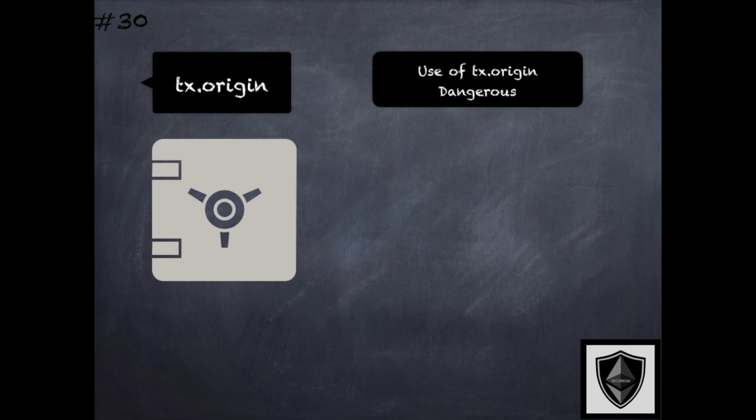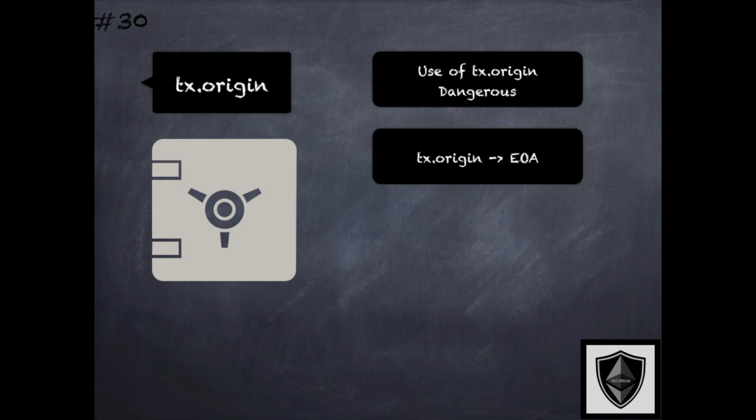The use of transaction origin is considered dangerous in certain situations within smart contracts. Recall that in the context of Ethereum, transaction origin gives the address of the externally owned account that originated the transaction.